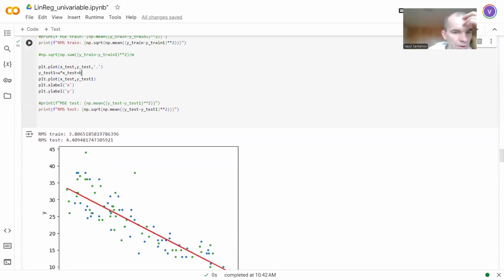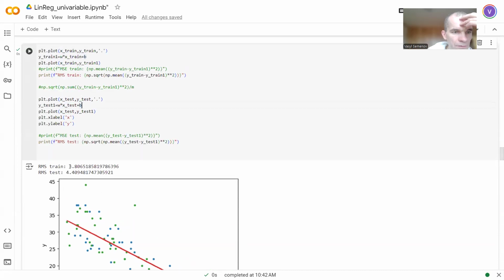And this red line is y for the testing data points, W multiplied by X test plus B. We have a root mean square error of 3.8 for training data, and it's lower than the error for test data, which is quite natural. This would not always be the case, but nevertheless here it's quite natural that the error for training data is less than the error for test data.